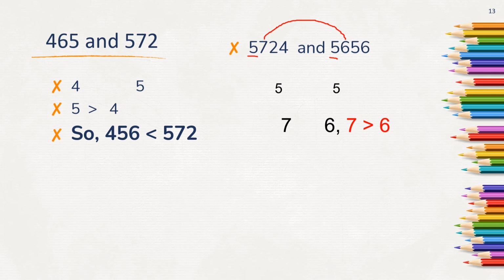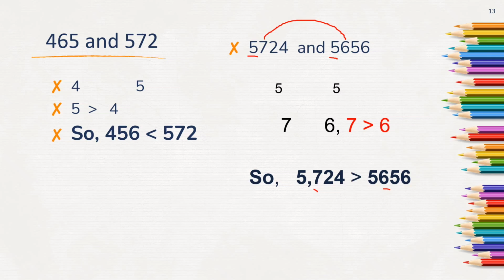That means 5724 is greater than 5656. Correct? Here 7 is greater than 6. So 5724 is greater than 5656.